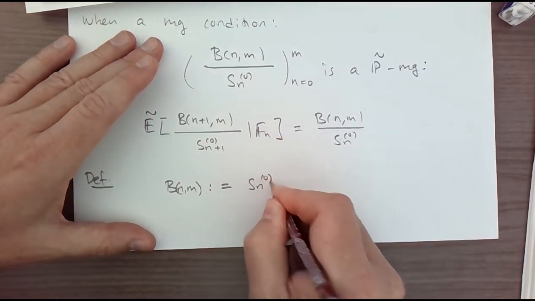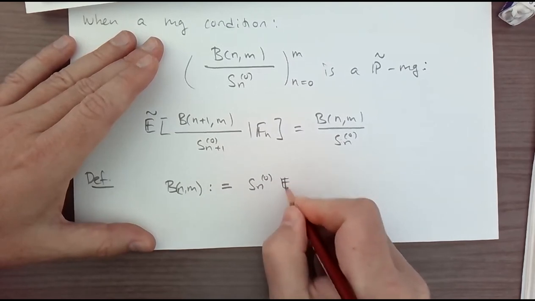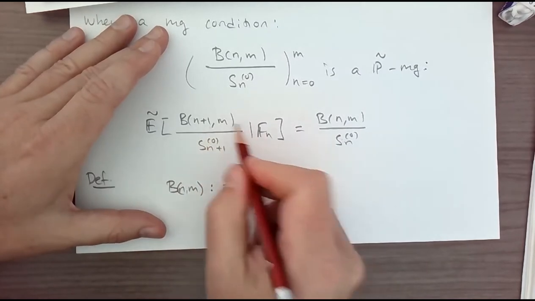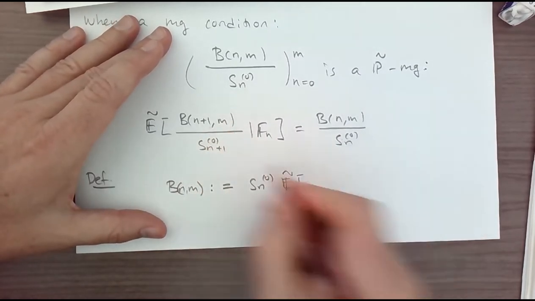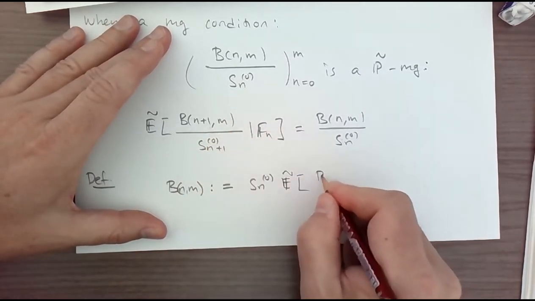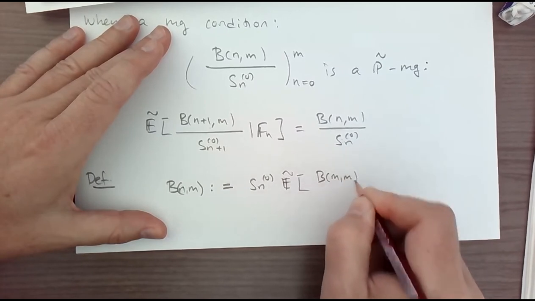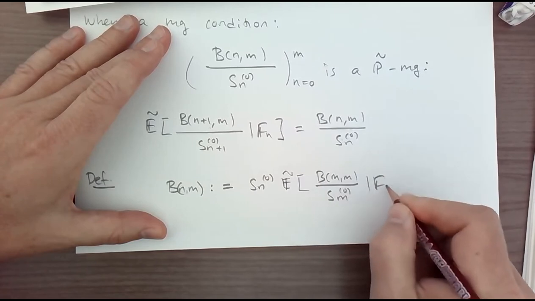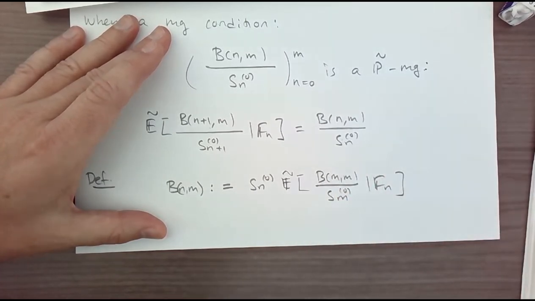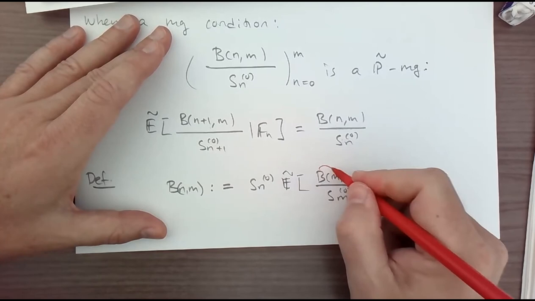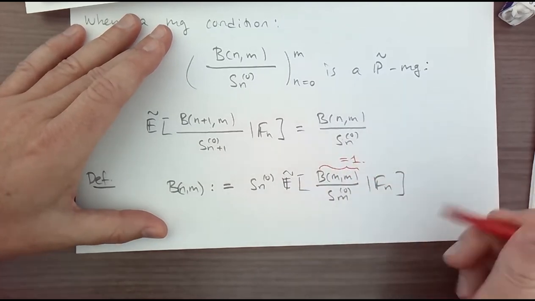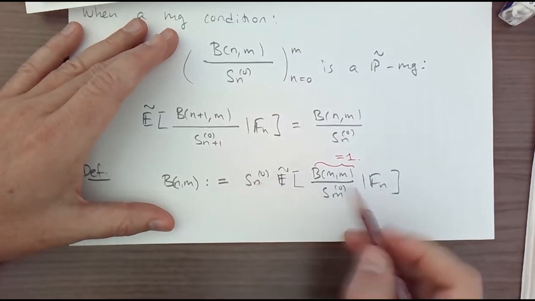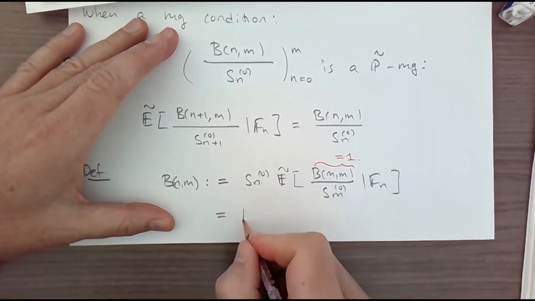It is S_n times the conditional expectation of what you have inside here, all the way up to time M: B^M_M divided by S_M given F_n, and the top part here is just a 1. Of course, this one here is already F_n-measurable, so you can move that measurable random variable inside.